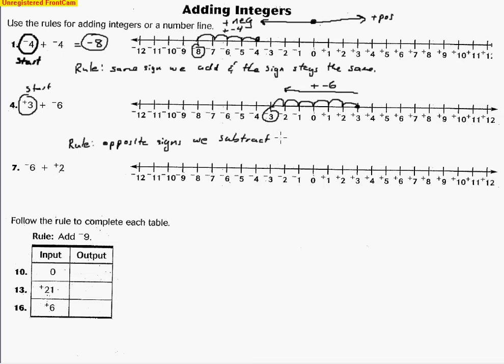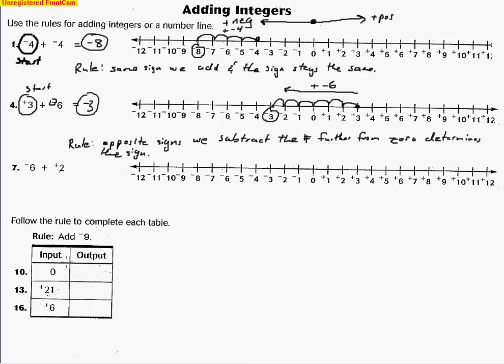So the number further from 0 determines the sign. That's the rule that I end up using. If we're starting at 3, if I take away 6, I end up at 3. But since I have more negatives than positives, that's going to mean the answer is -3.